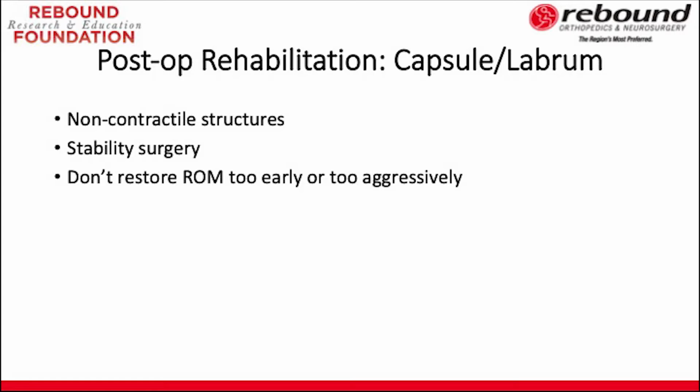But in general, and this is really critical, with any sort of non-contractile type surgery, so a capsular labral surgery, remember this is a stability surgery, and don't overstretch this, and don't stretch it too aggressively too early. You can always stretch out something that's tight, but if you make it too loose, especially too soon, then this person is going to be back in the position they were in prior to their surgery, which is really bad.